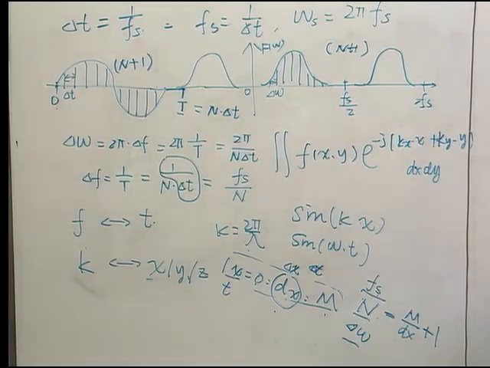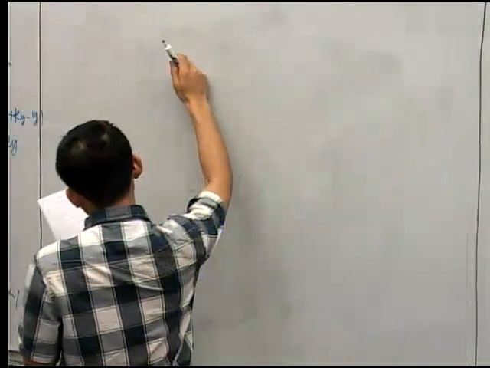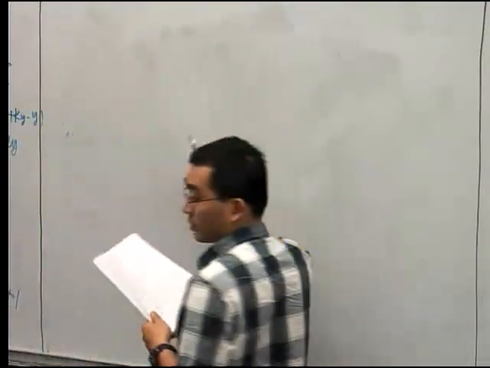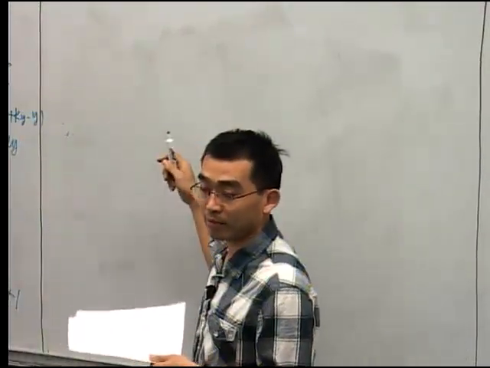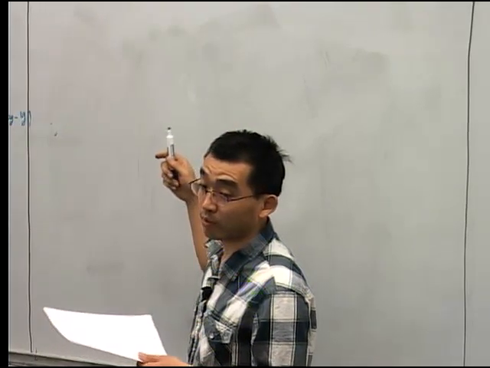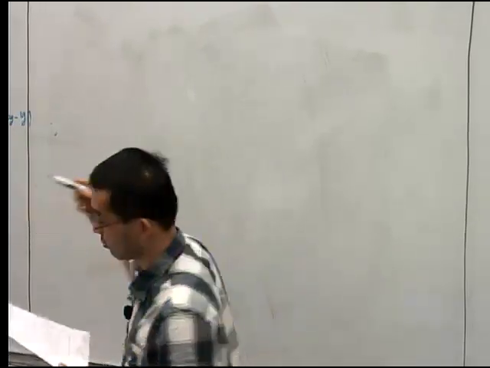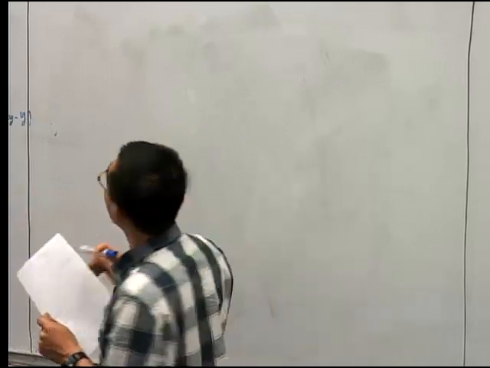Another one may be called the uncertainty principle. Have you heard about this one? The uncertainty principle in quantum mechanics. You didn't study that? I thought many people know that.